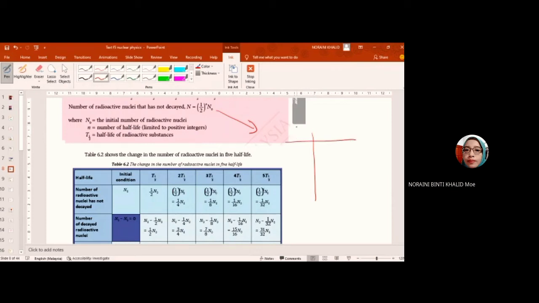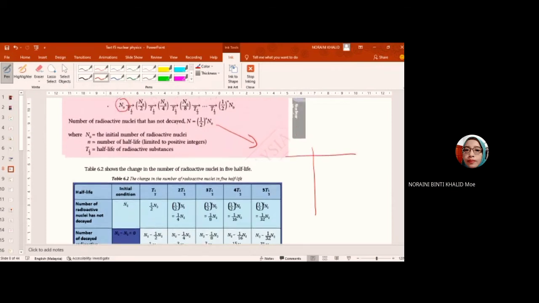Just now we already showed that after one half-life, the fraction that is left, meaning not yet decayed, is half of N0. After two half-lives, it becomes N0 over 4, meaning the fraction left is 1 over 4.